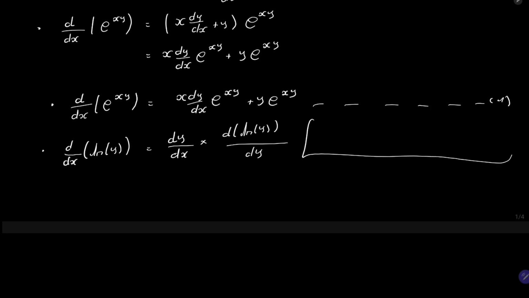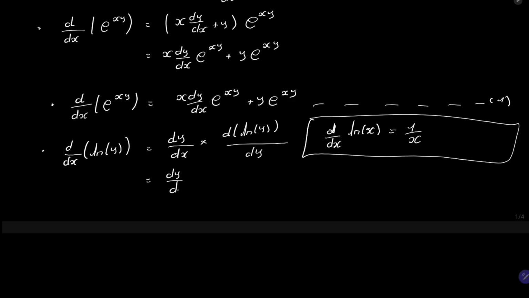And if we recall our formula, in the case of derivative of logarithmic functions, it was well stated that the derivative with respect to x of a function ln x is equal to, it was well proven, not just stated, 1 on x. So this gives us dy on dx times 1 on y.